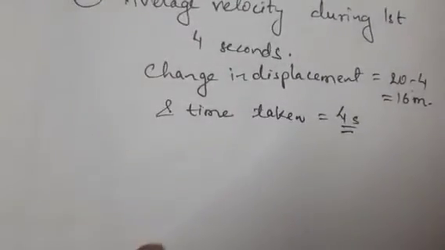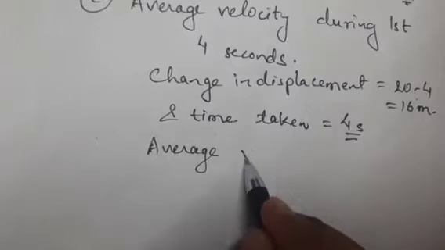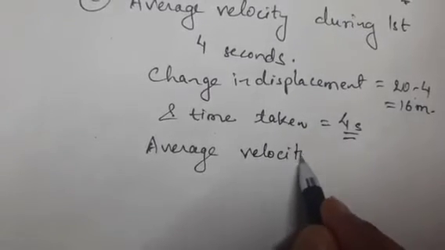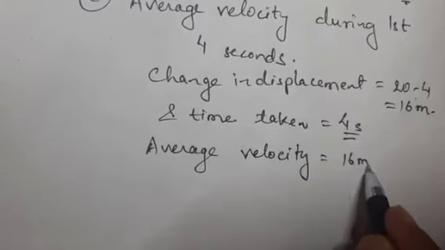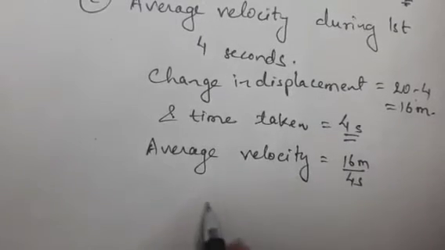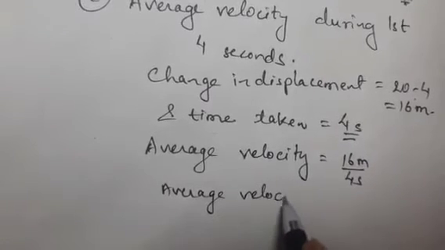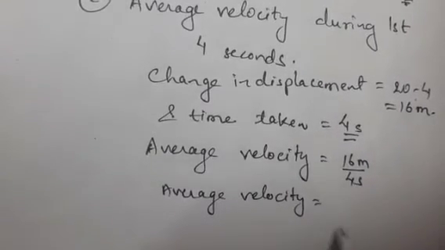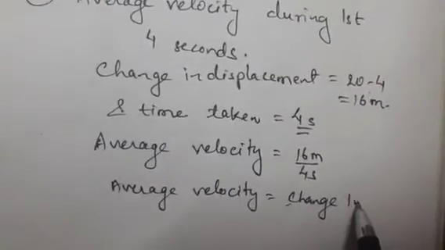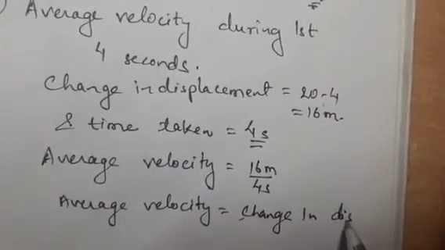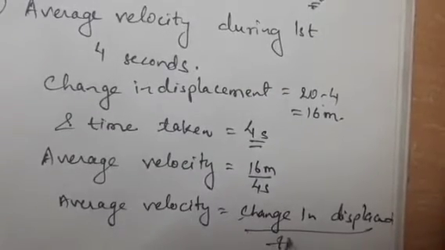So average velocity becomes 16 meter by 4 seconds. It is based on the fact that average velocity is equal to change in displacement by time taken.